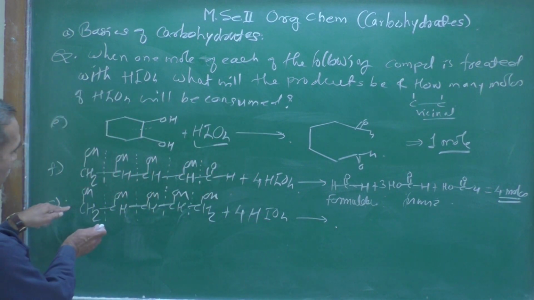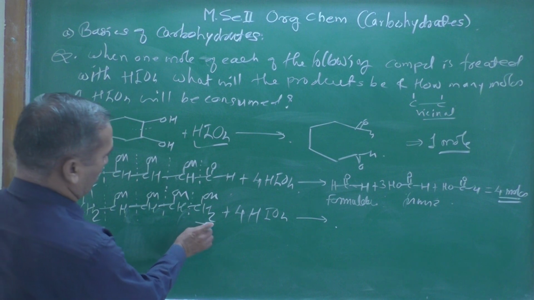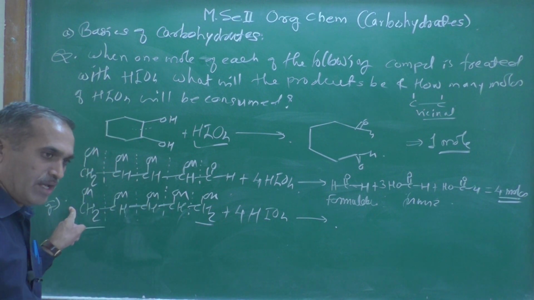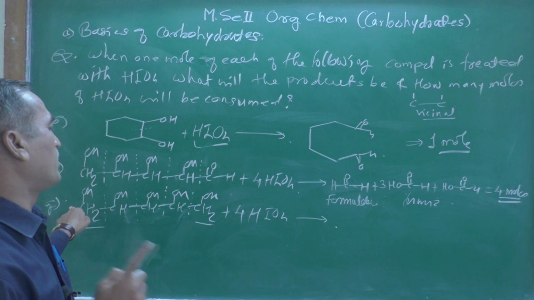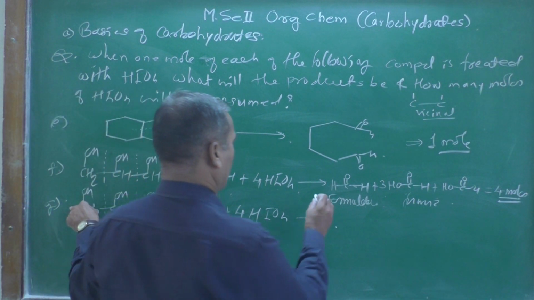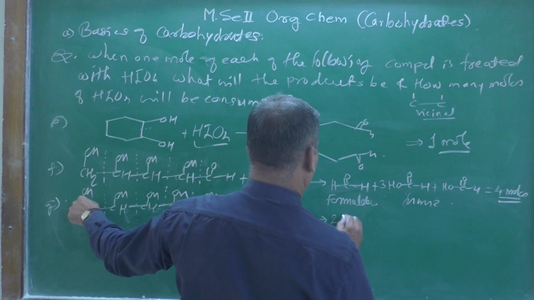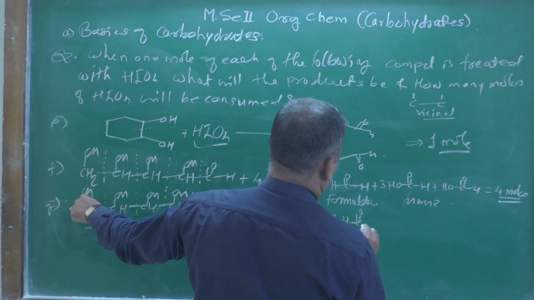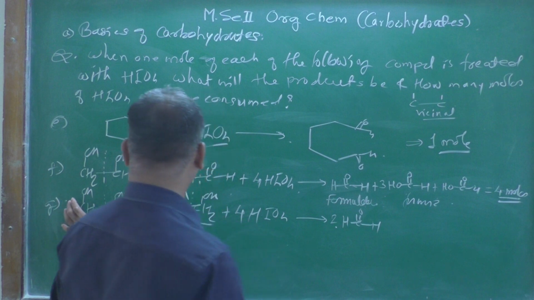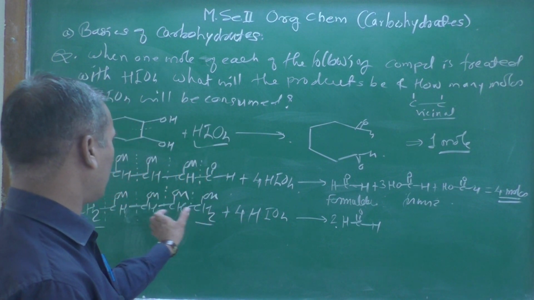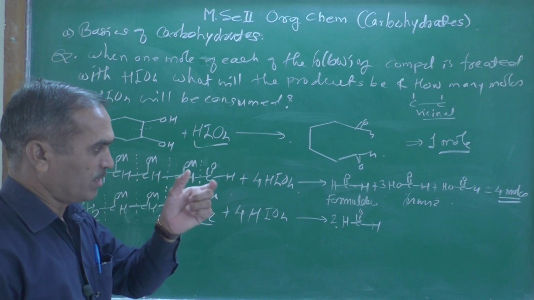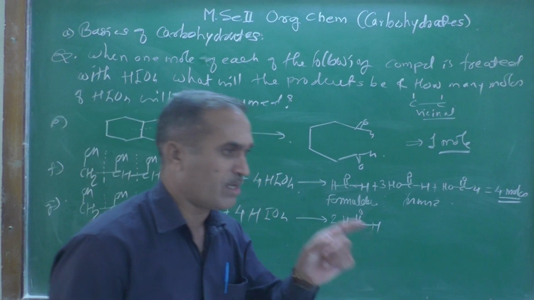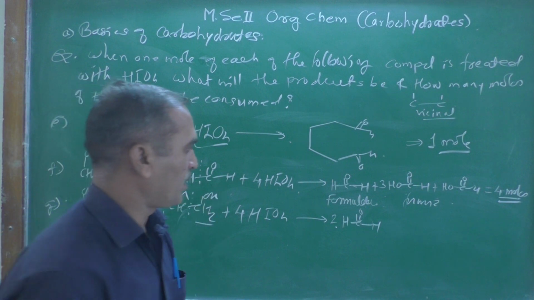And for the final product, look at this terminal, on both terminals there is a CH2OH, primary alcohols, and primary alcohol always produces formaldehyde as one of the products, which means 2, one from here and another from here. Now look at this OH, OH and OH, there will be 3 OH, which means there are 3 moles of formic acid.